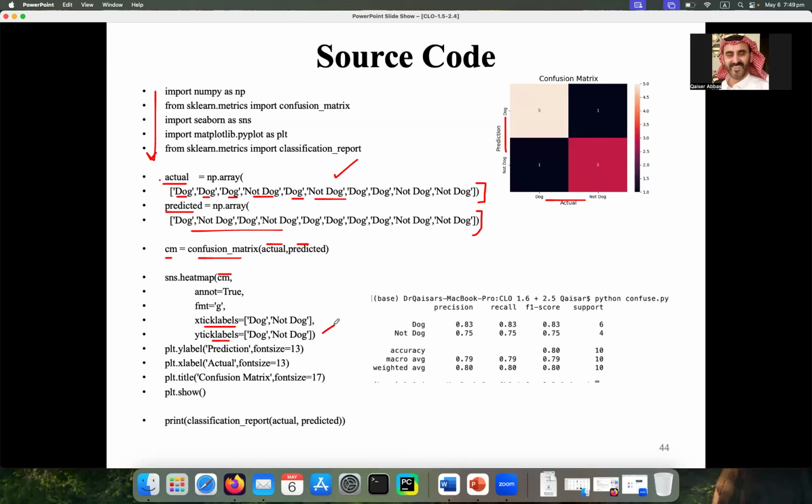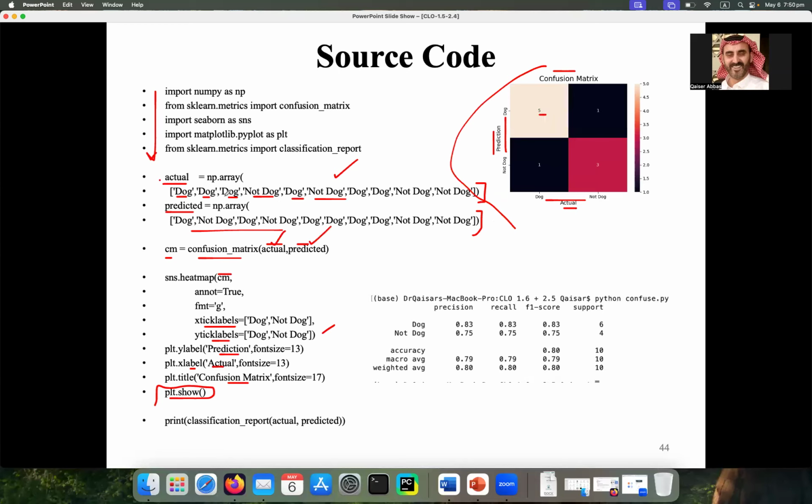So you are just setting the values of the x labels and y labels, with prediction at the y label and actual at the x label, and the title is confusion matrix. Then finally you call plot show, and this confusion matrix is displayed using the actual and predicted values.